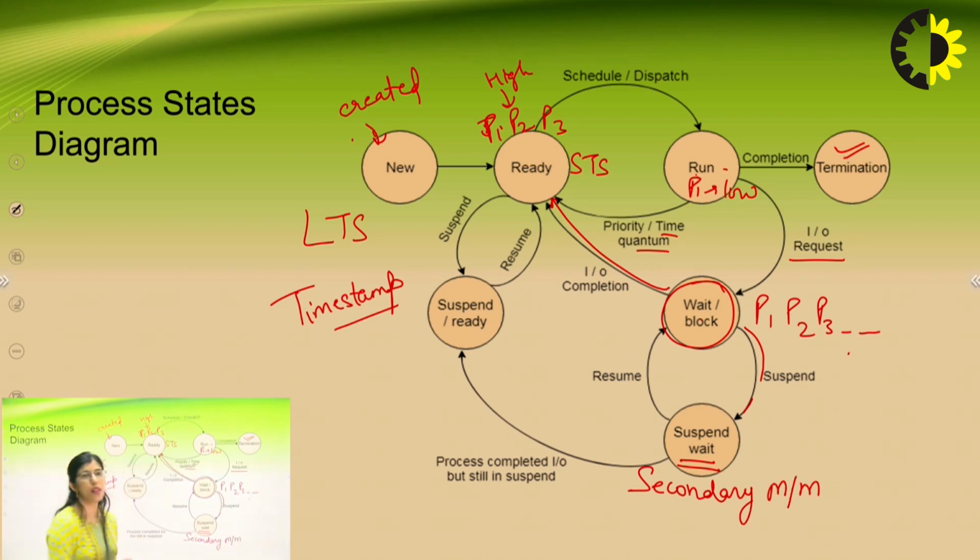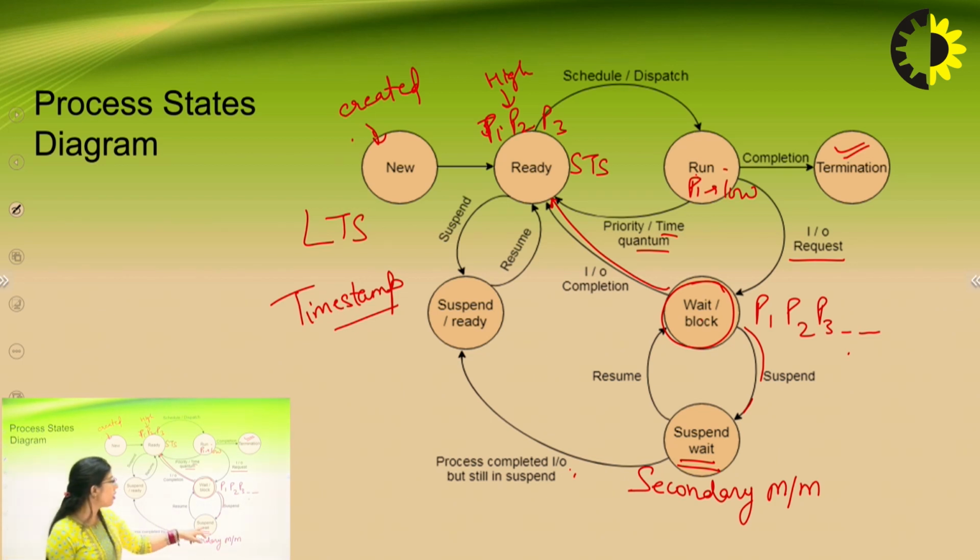From this suspend wait state, if the process completed the IO but is still suspended, then it gets to the suspend ready state, where it waits for a particular time till the ready queue has some space left.